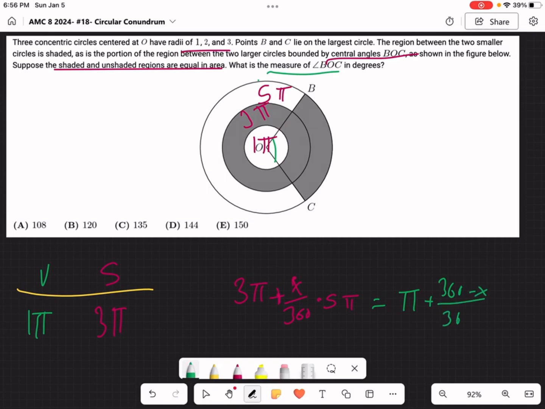And you might be asking why? Well, this is because we need to find this angle, and that's just going to be 360 minus this smaller angle. So now all we have to do is evaluate this.